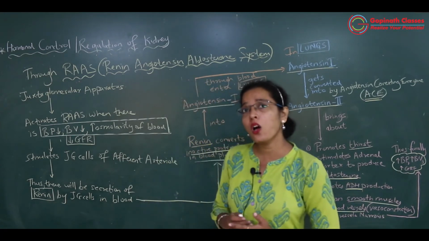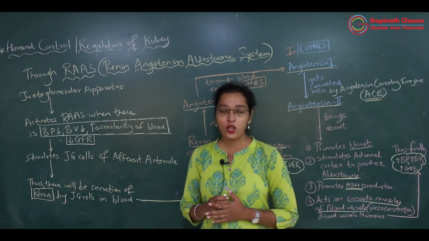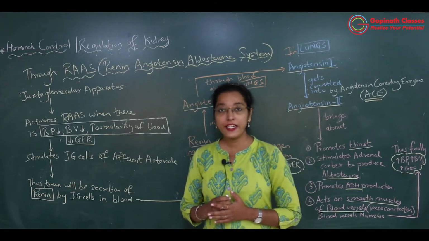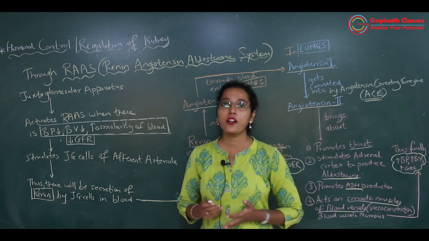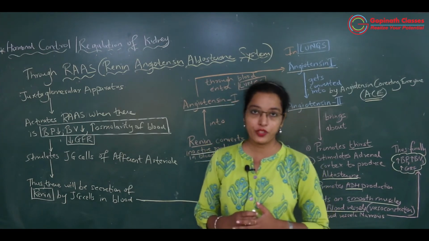Now we'll study how exactly the renin hormone, aldosterone hormone, ADH hormone, all these are responsible for controlling the BP, that is blood pressure.